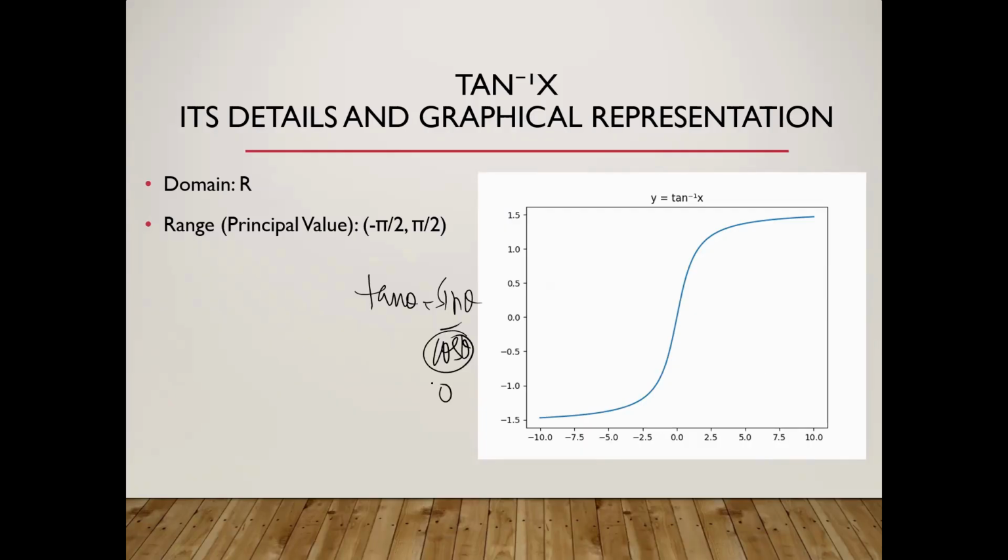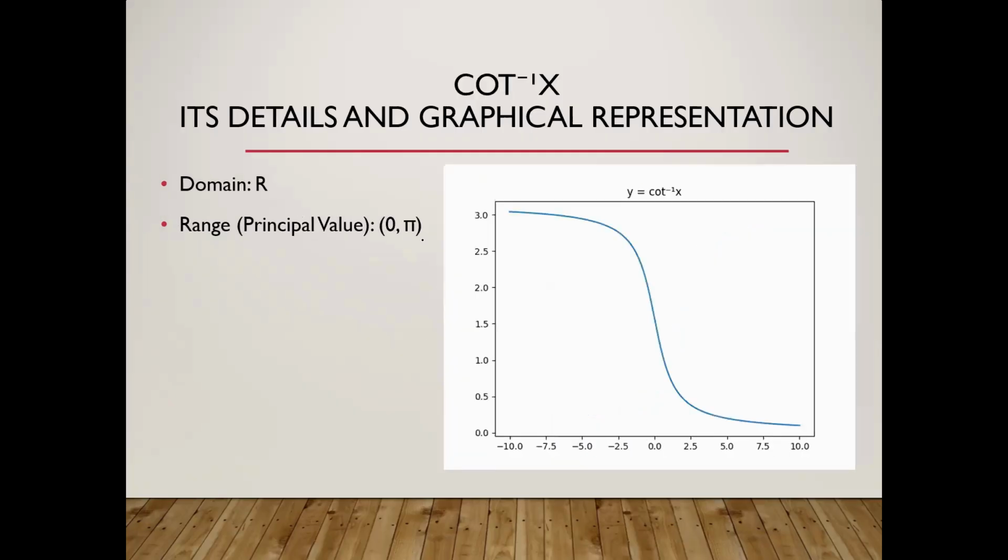And 3 pi by 2 and 5 pi by 2. So that is why minus pi by 2 to pi by 2 will be open, right? Will not be included in the principal value branch. In the same way, cot inverse x, which means domain is all possible real numbers, range is 0 to pi open interval. I hope you know the reason.